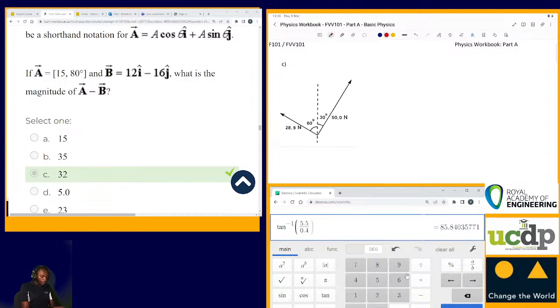Right, so we are still doing the same thing. We are going to find the resultant in the X. And both of these should be resolved, right?